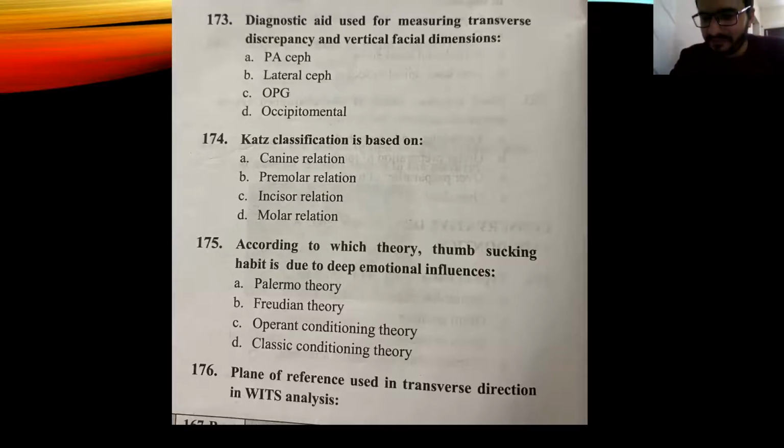A lateral ceph will show you sagittal relationships, not transverse. Anything to do with transverse, asymmetry, it will be a PA cephalogram. Asymmetry, this has come in your previous NEET for your seniors only. For asymmetry, what will you use? A PA ceph. You can see the vertical facial dimensions. You can see the transverse discrepancy. Which side of the face is bigger? Which side of the face is smaller? All of that you can see.